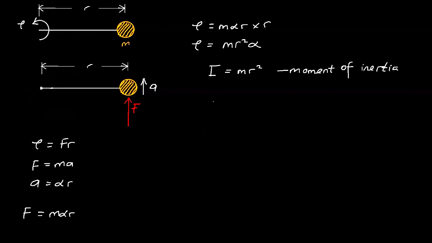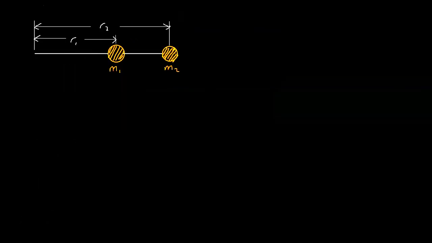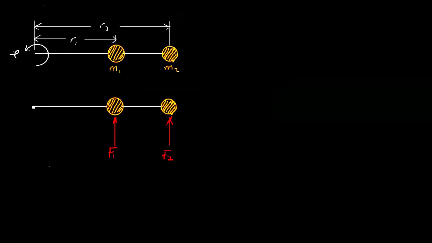So now we know the relationship between the net applied torque and the angular acceleration of a single particle rotating about an axis. But what if we have a system consisting of multiple particles? Suppose we had two masses instead of one, m1 and m2, located at distances r1 and r2 from the axis of rotation respectively, and we apply a torque to this axis of rotation. We can represent the torque with forces acting on the masses producing the same effect as the torque.